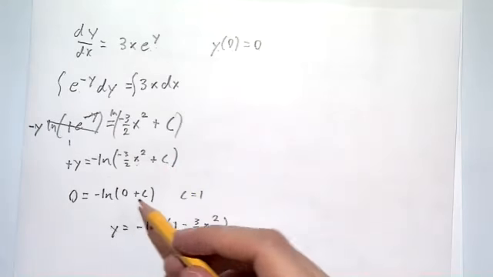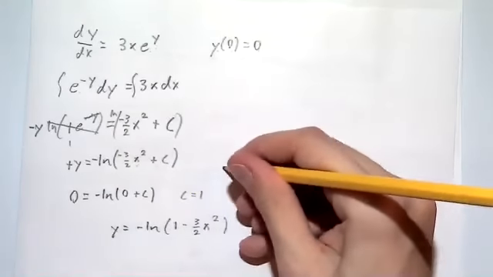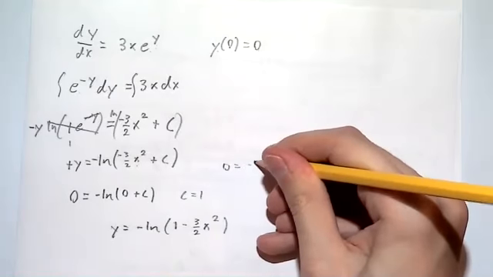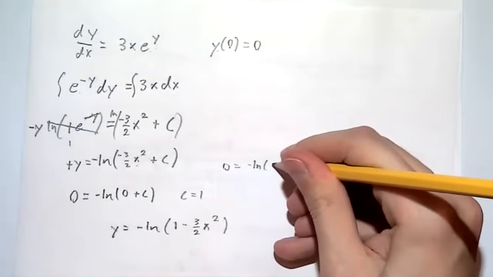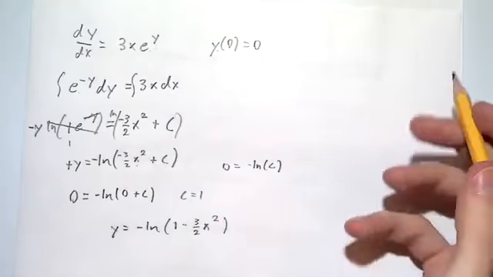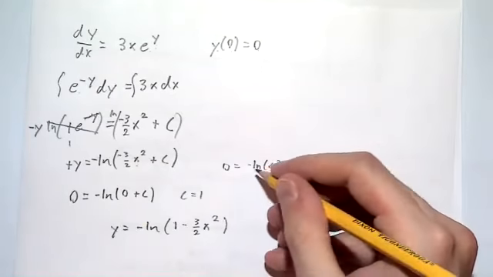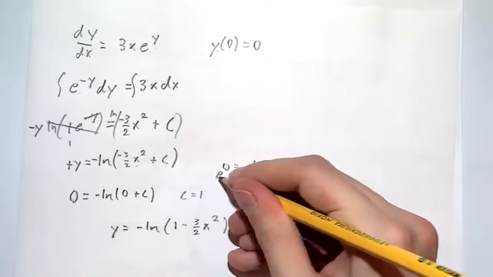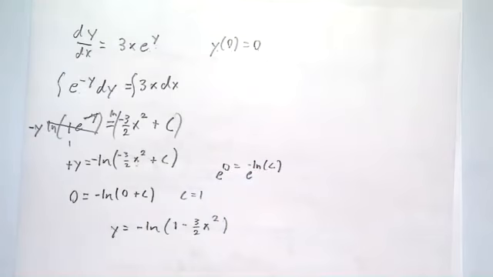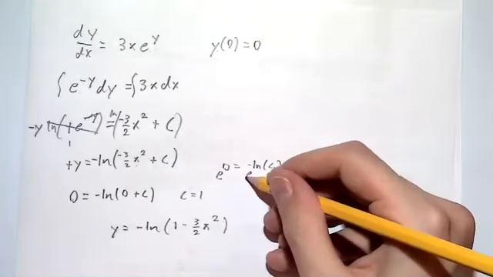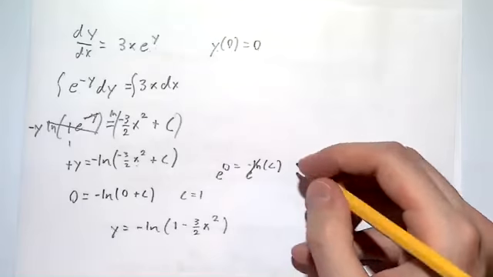And so that's what we were solving right here. Because in this case, you have 0 equals the negative natural log of c, because the 0 just moves out. And then we know we e both sides. So this cancels.